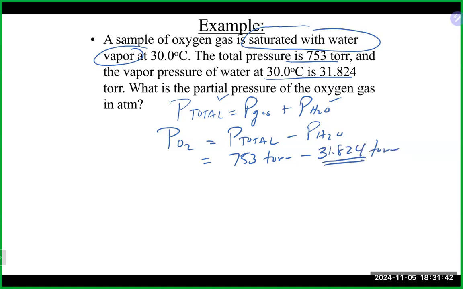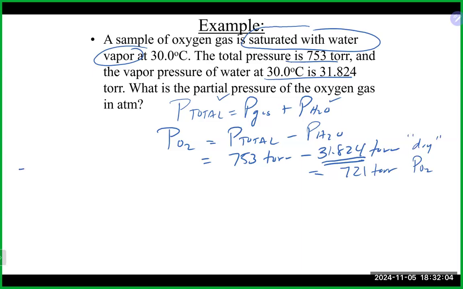Again, if it wasn't given to you, you would need to go look up that number in a table. And I think your lab manual has a table in the back of it that has those values as well. That's approximately 721 torr would be the pressure of the oxygen gas, dry, basically.